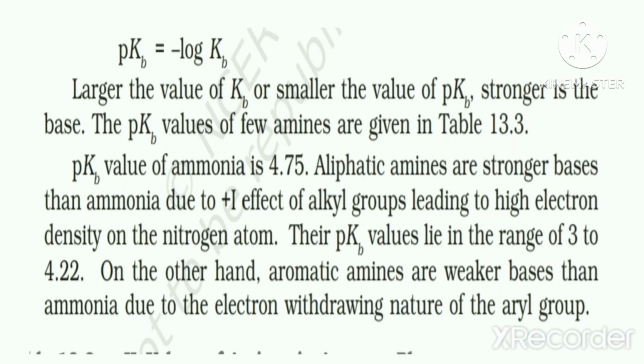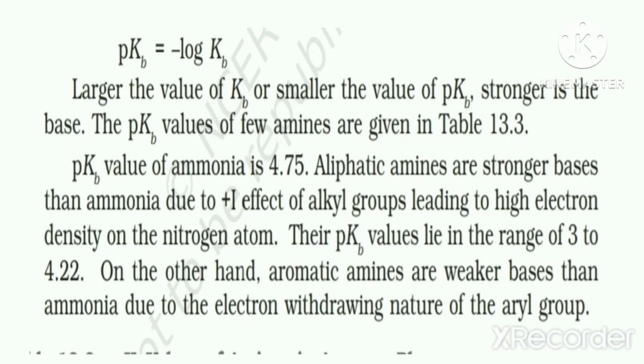Their pKb values lie in the range of 3 to 4.22. On the other hand, aromatic amines are weaker bases than ammonia, due to the electron withdrawing nature of the aryl group.